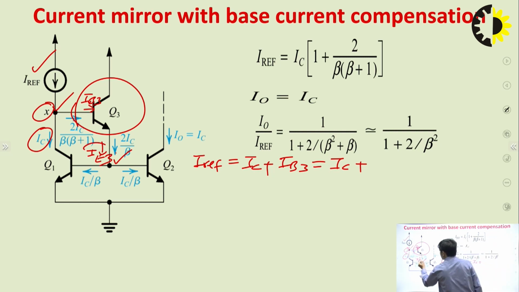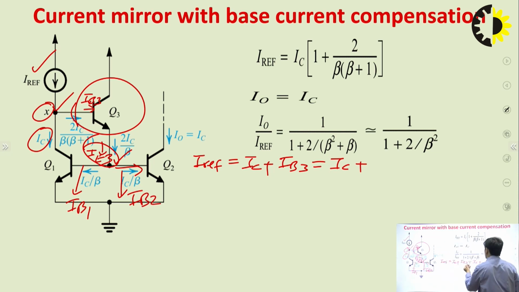Further, this IE3 is divided into two parts. One is the base current of Q1 transistor, and the other is the base current of Q2 transistor, that is IB2. So from here you can write IB3 equal to IE3 upon beta plus 1, which is the relation between base current and emitter current.